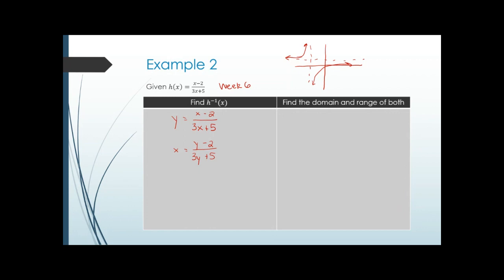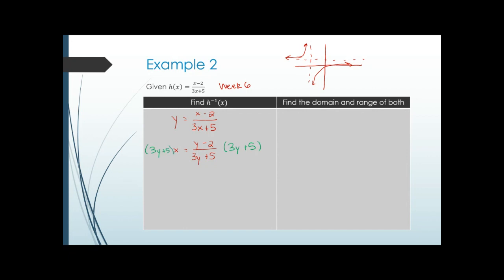Now I need to solve for y, and right now I've got y inside a fraction. So in order to do this, we first need to multiply both sides by the denominator so that I can remove the fraction, and it will make it a little bit easier to manipulate.